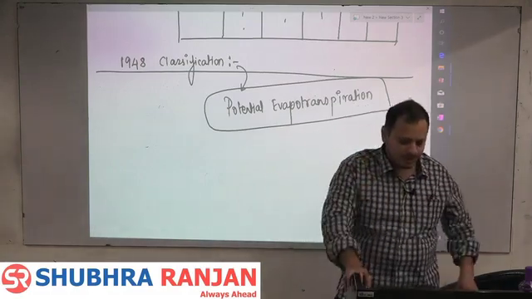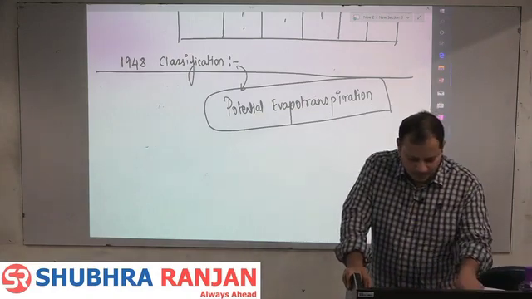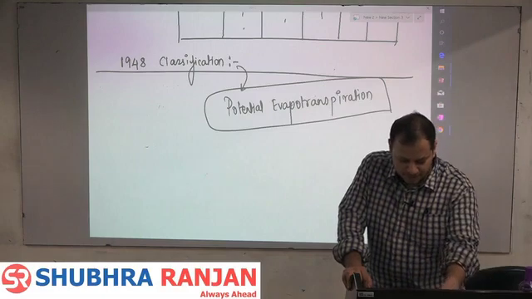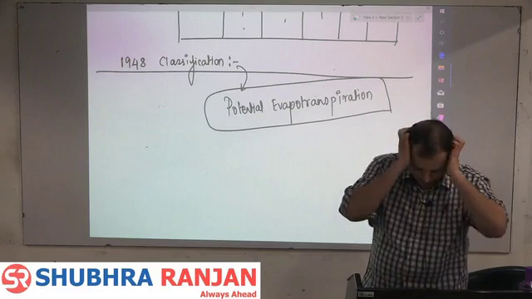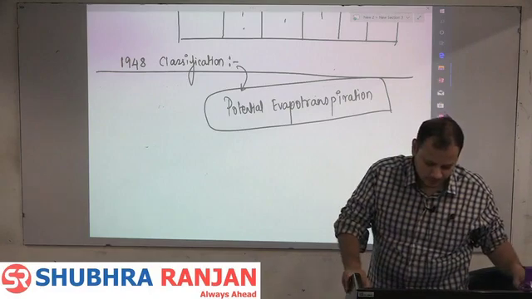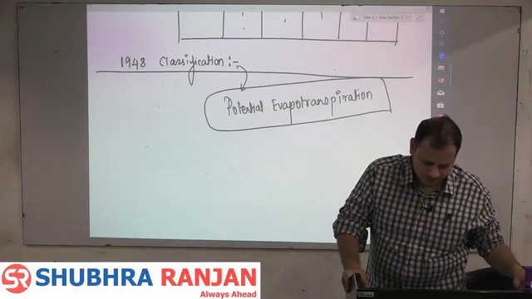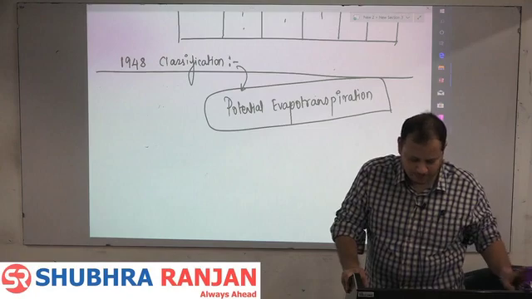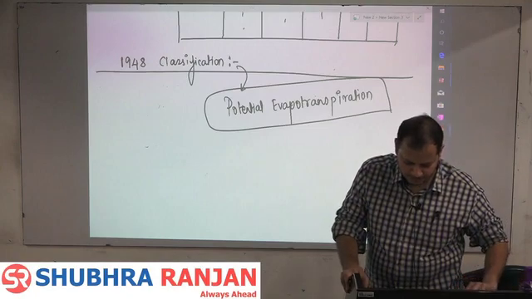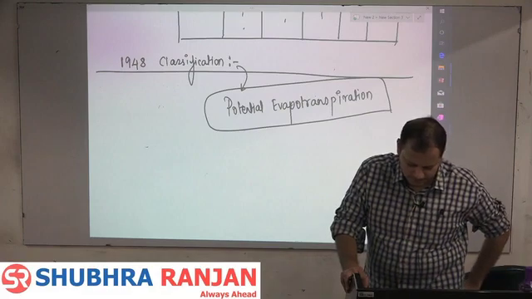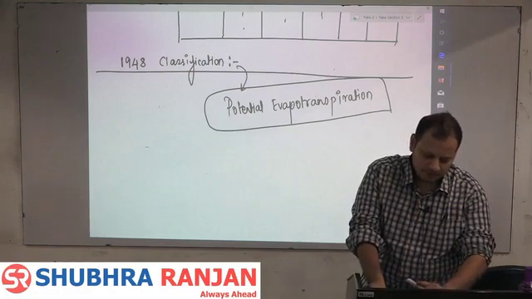So in the 1948 classification, he proposed a new classification of climate based on the concept of potential evapotranspiration.